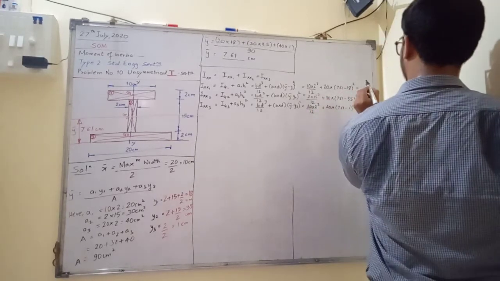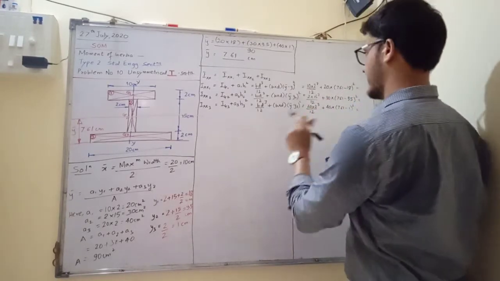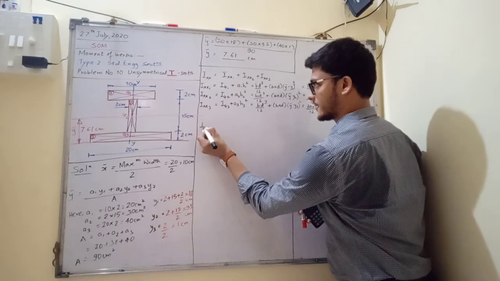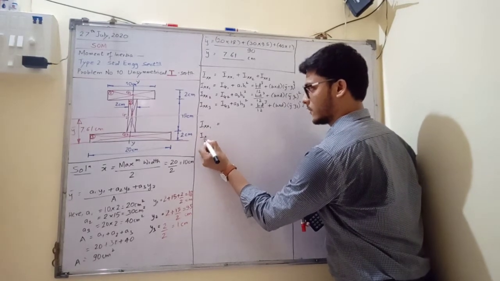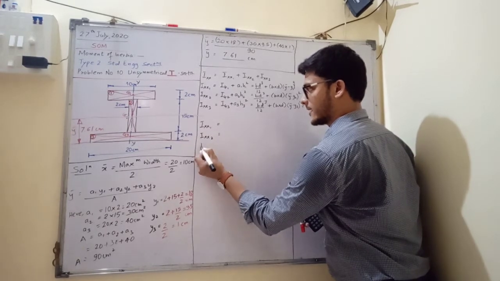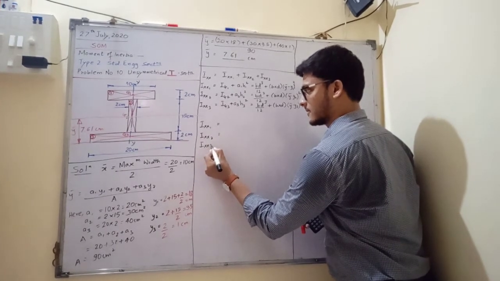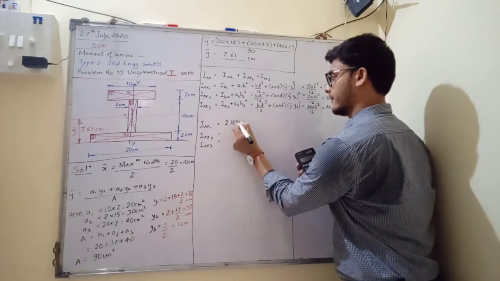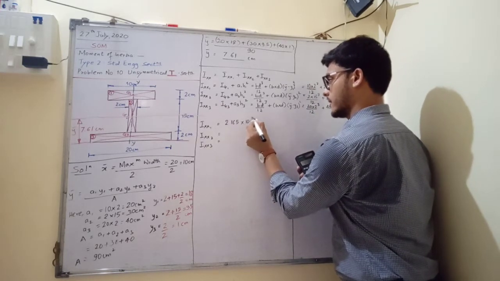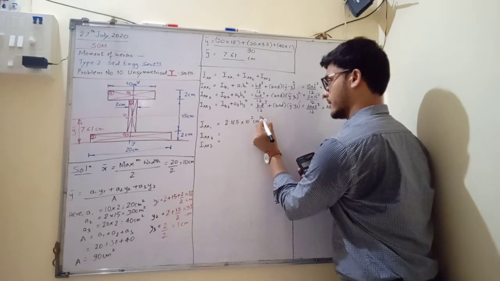First answer is, I'll write here, space is limited. So Ixx1 which I am getting final, 2.165 into 10 raised to 3 centimeter raised to 4.